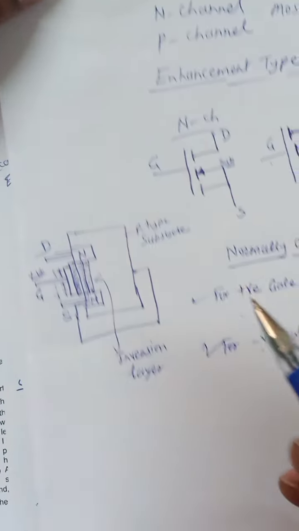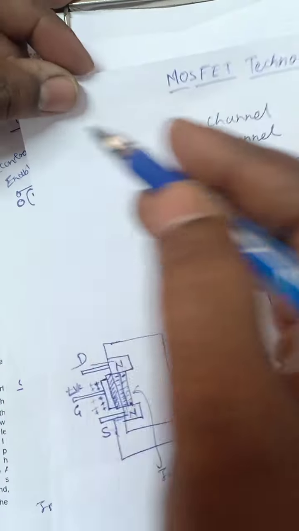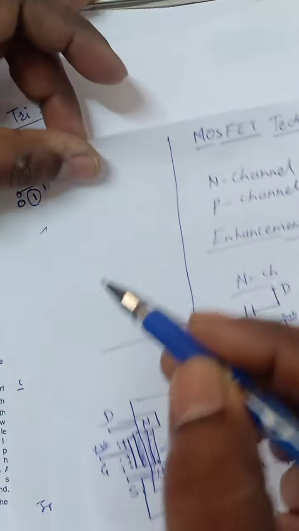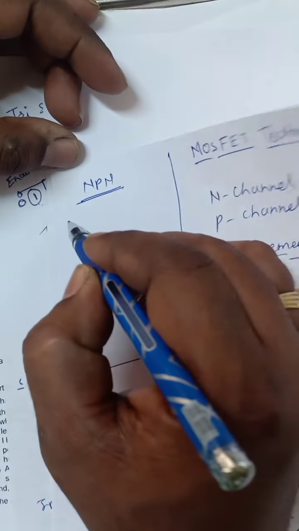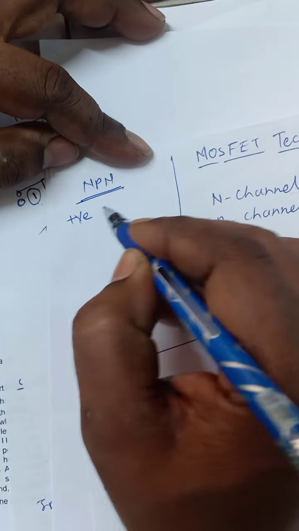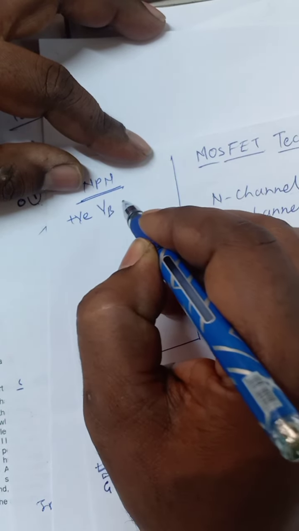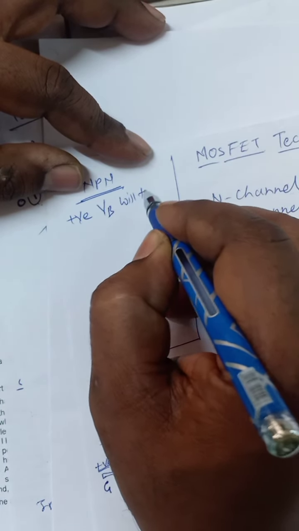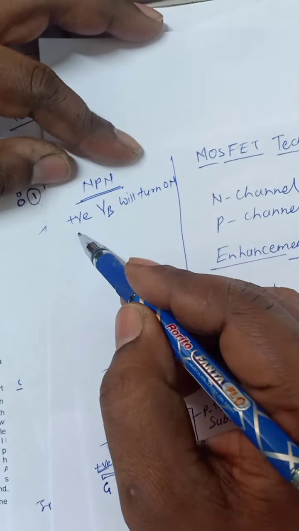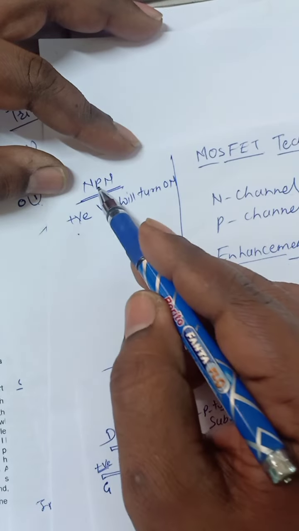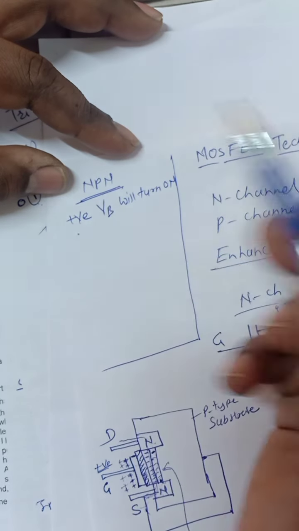Like that, we know that for an NPN transistor, positive base voltage will turn on the transistor. If you apply negative, then it will turn off.